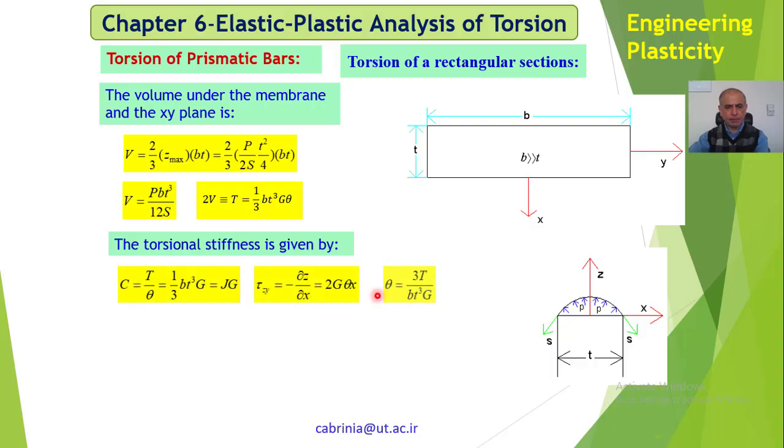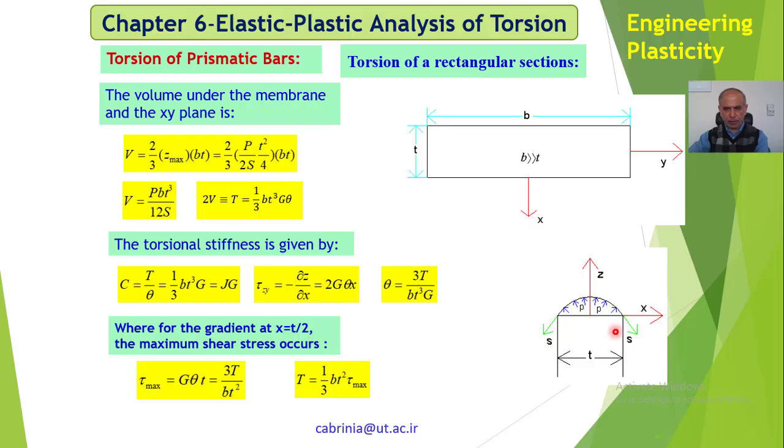Now torsional stiffness, which we introduced before, is T over theta, so it's 1/3 b t cubed G, which is J G. And tau is equivalent to partial z partial x and is equal to 2G theta x, and theta is equal to 3T over b t cubed G. So at x equals t over 2, we have the maximum shear stress, because here we have the maximum gradient, and therefore tau max is equal to G theta t at x equals t over 2.